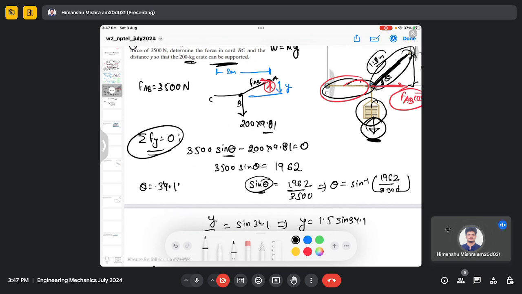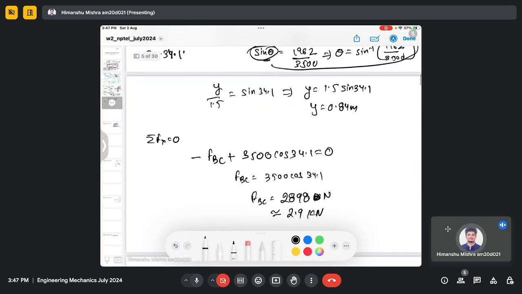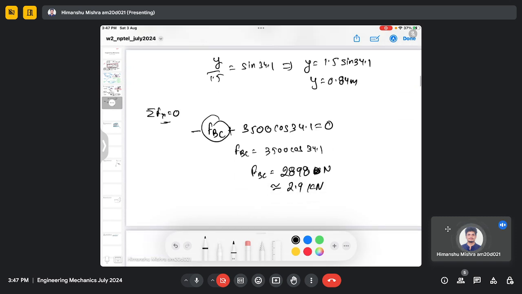You can get any unknown quantity. Here the unknown quantity was theta, and you can get that when you do the summation of forces equal to 0. When the summation of force in the x direction equals 0, the only unknown quantity was force in BC, and you can calculate that.